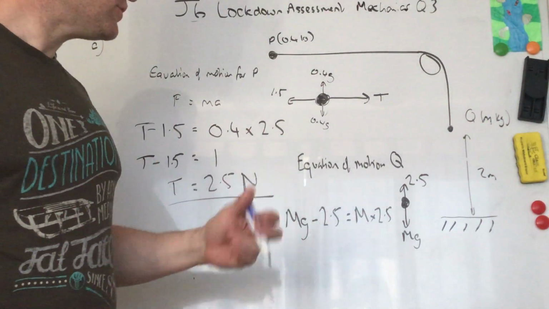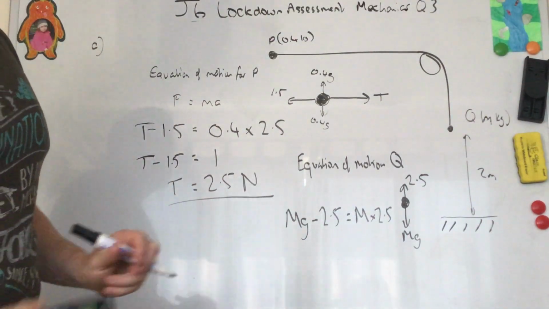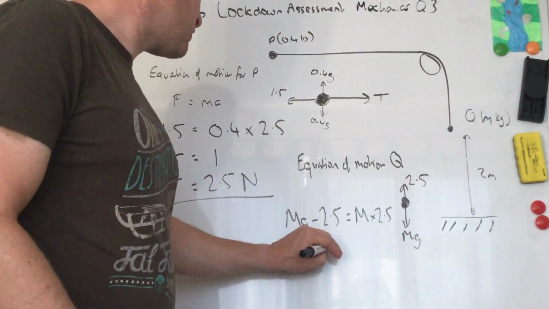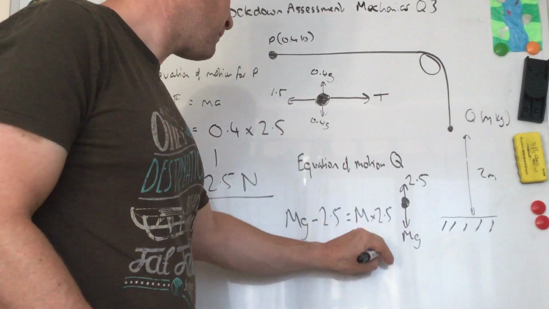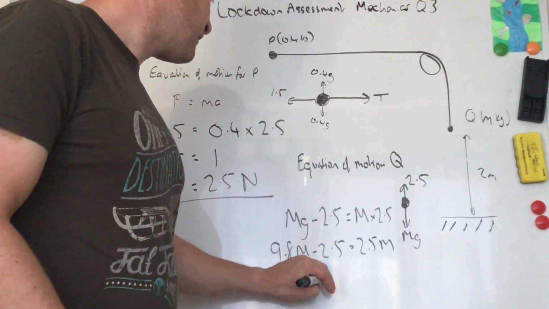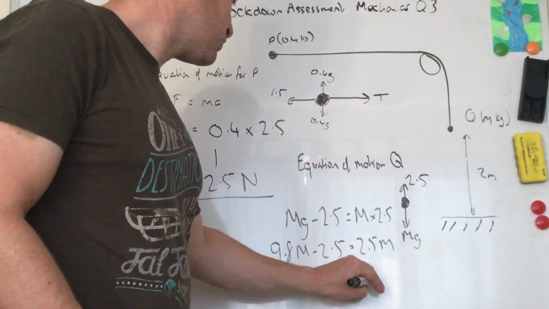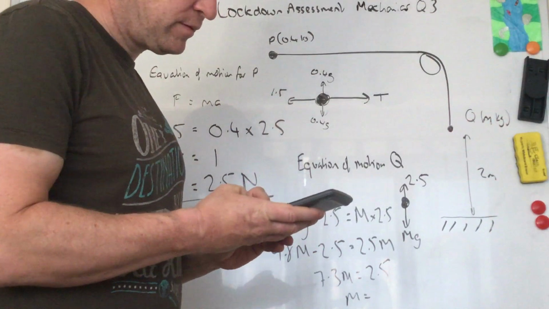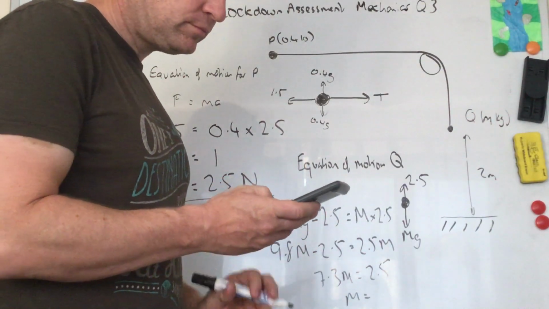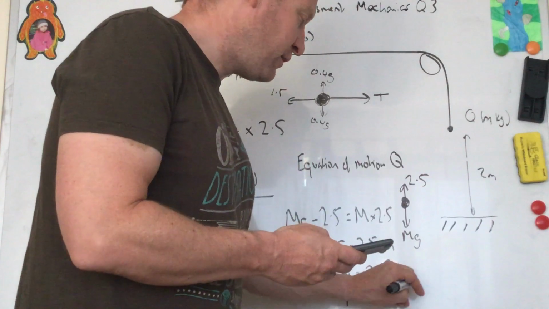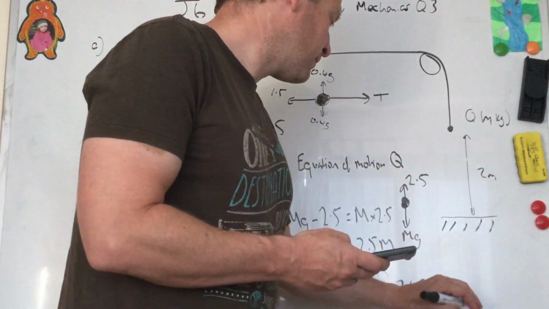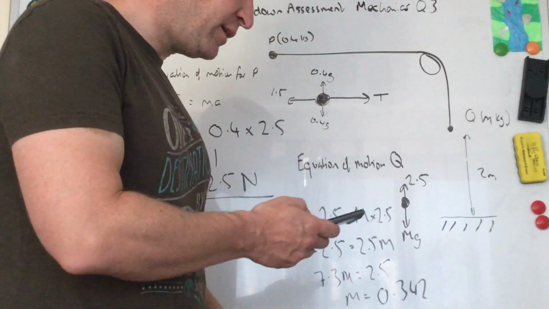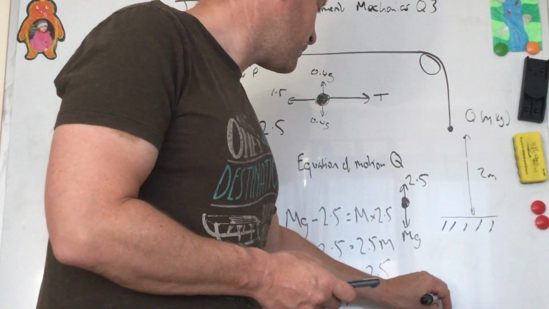So g is 9.8, so we get 9.8M minus 2.5 equals 2.5M. So we get 7.3M equals 2.5, so M equals 0.342. I'll leave it at 3 SF, maximum 3 SF, remember when you're using g, so 0.342 kilograms.